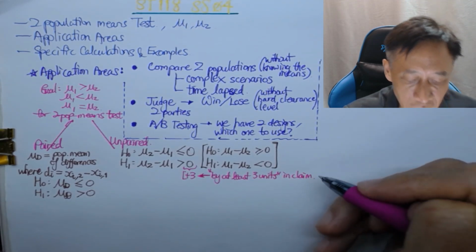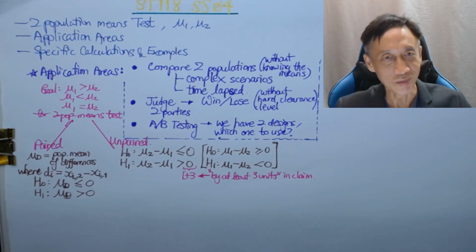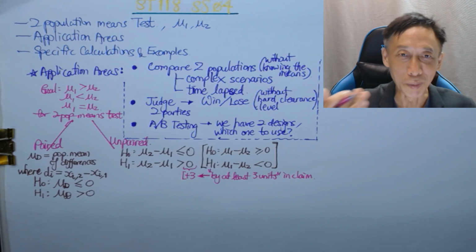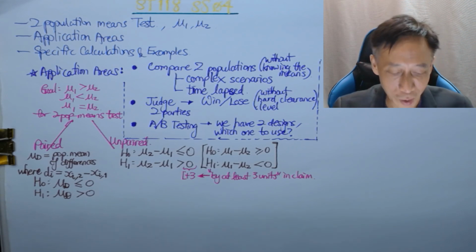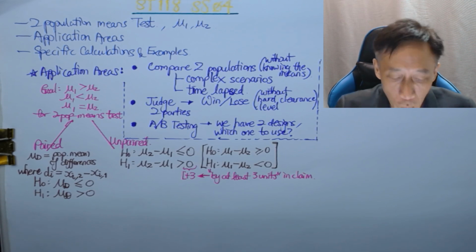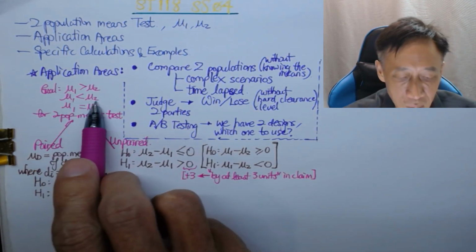So the claim need not just say better, but can be better by, you know what, I dare to say the mean of 2 is better than the mean of 1 by at least 3 units. So this 3 can enter here, but it will look very clumsy if you put it inside.